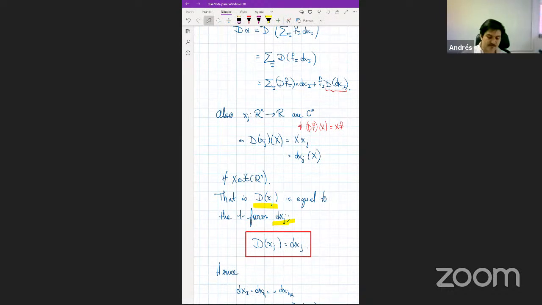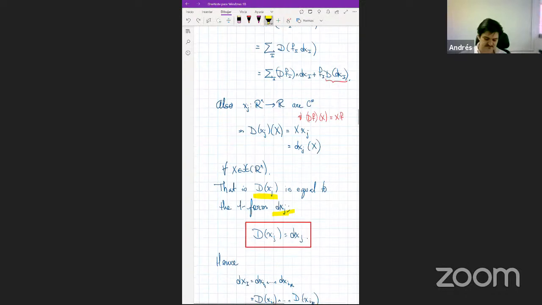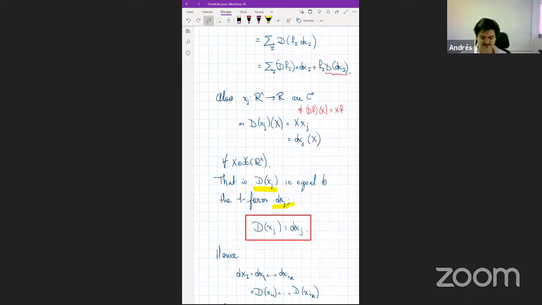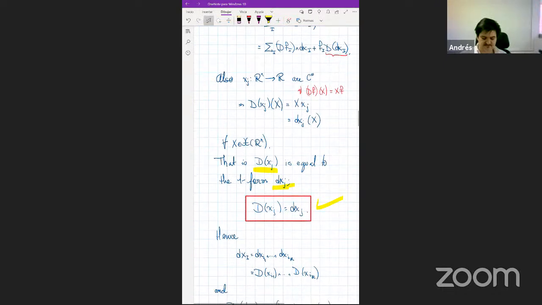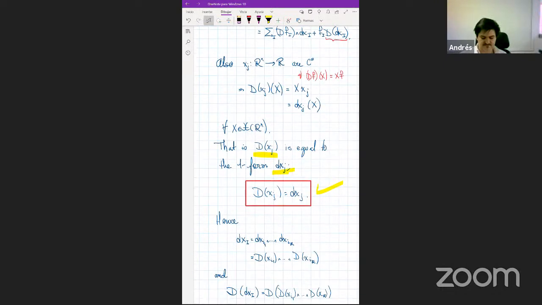So now I'm focusing on this here, which is here, okay? I want to understand D of that. But what we have seen here, okay?